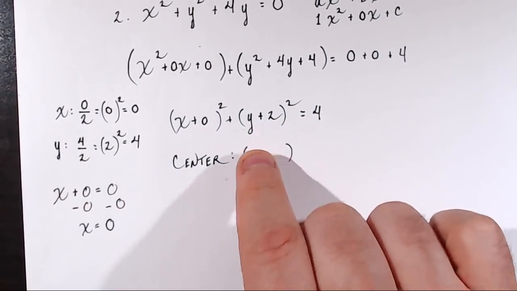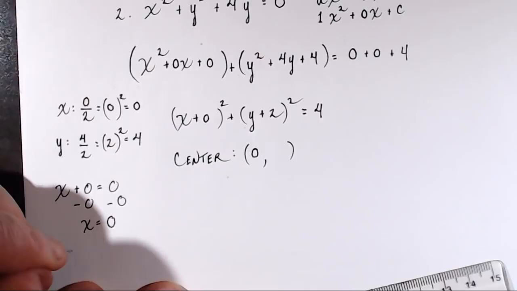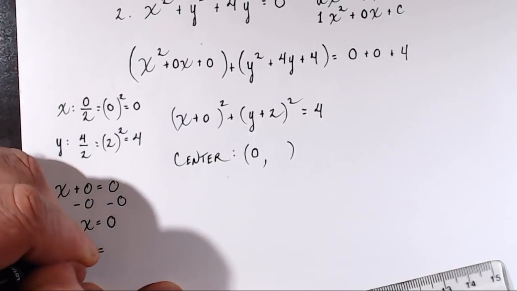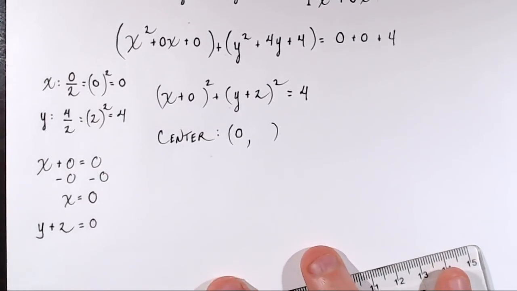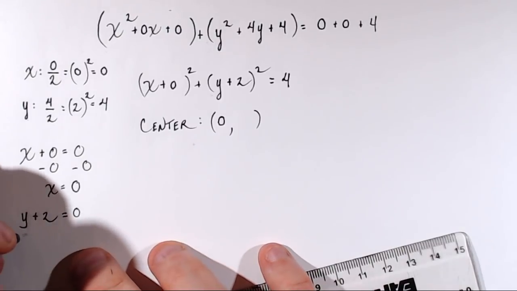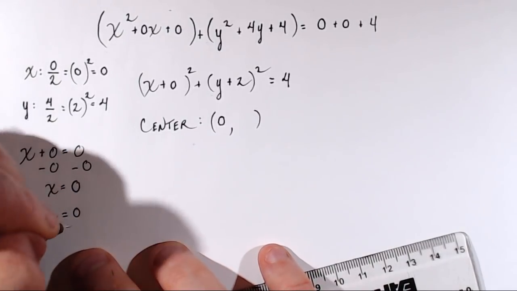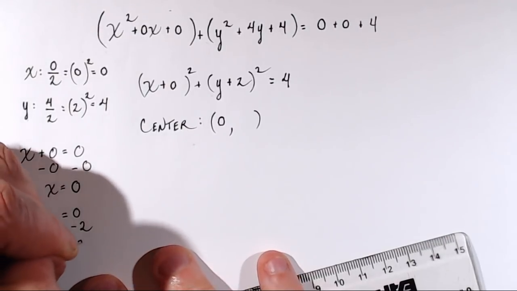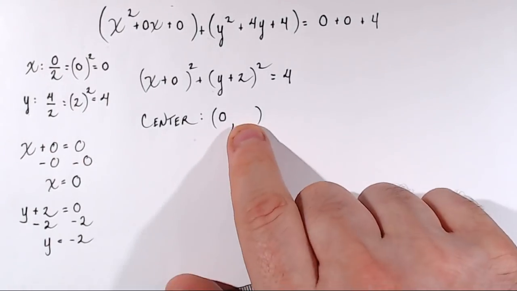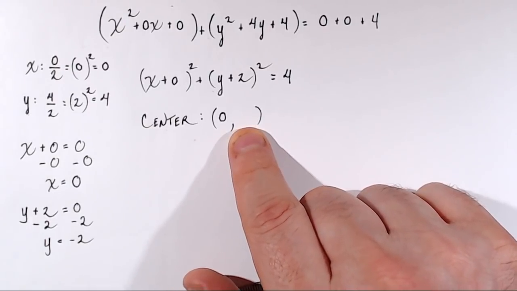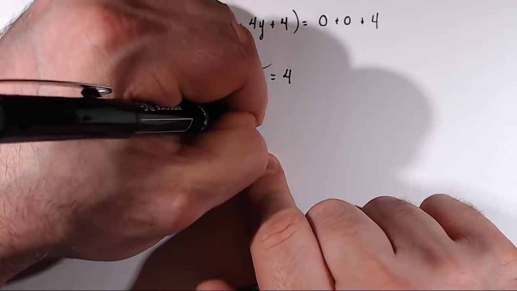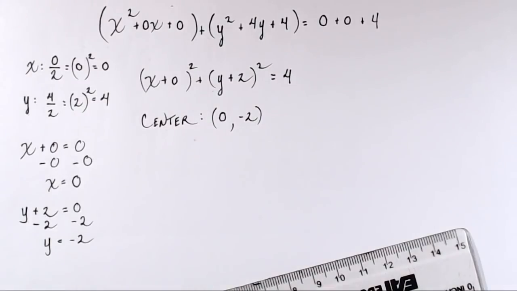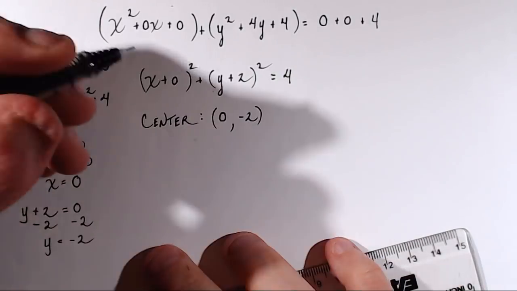For the y value, we actually have to put y plus 2 equals 0. And we subtract 2 from both sides, and we get y equals negative 2. So the y value of the center of the circle is negative 2. So there's a little alligator there, right?